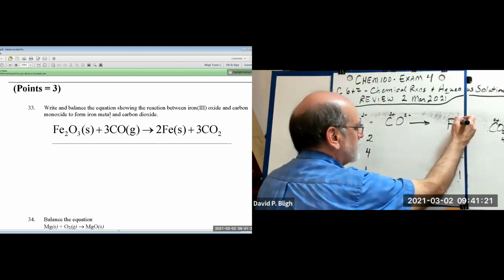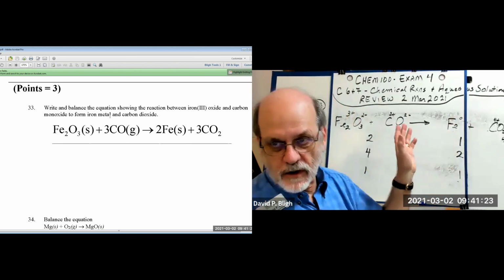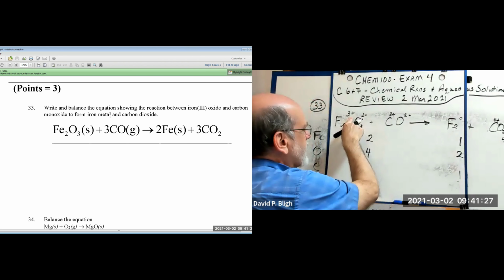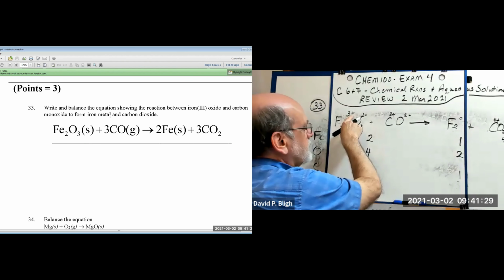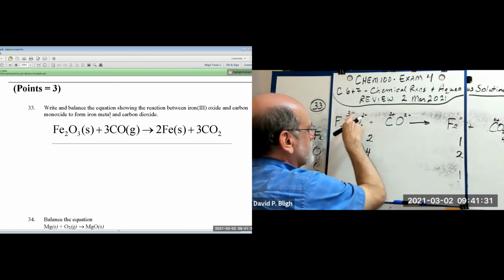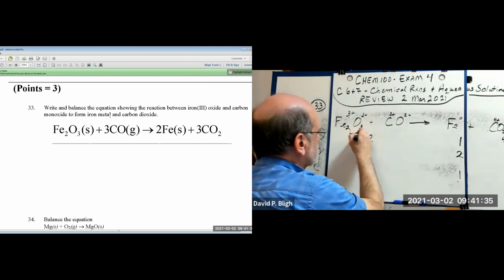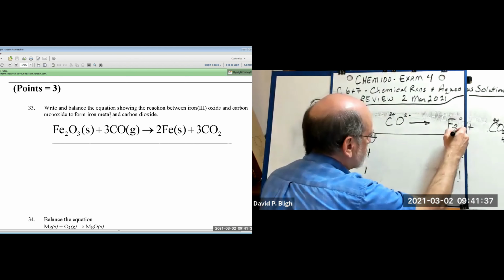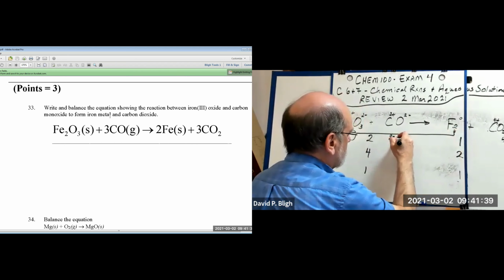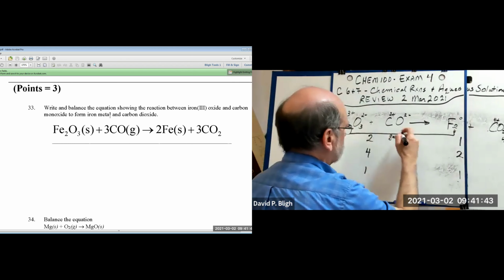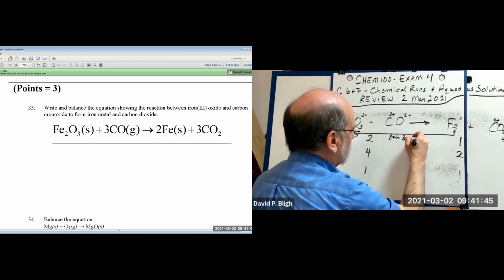This iron, all free elements are 0. They don't have a charge. Right? So what we've gained here is we've gained 3 electrons for each iron. So if we do it like this, and I'll show you that we've gained 3 electrons per iron.